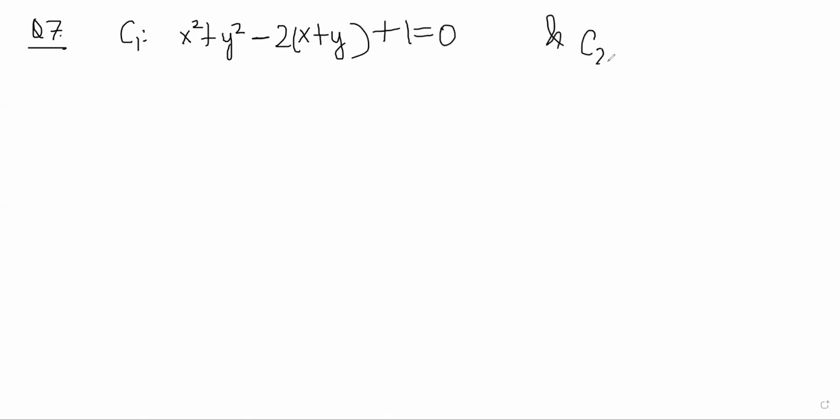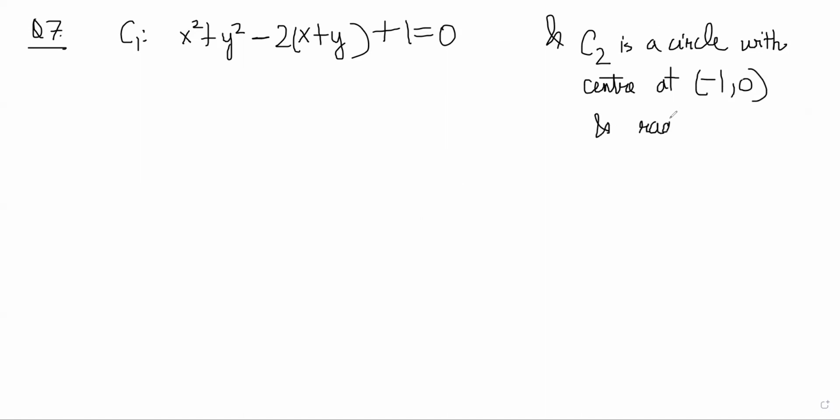Okay, let's move on to the next one. It says, let the circle C1 with equation x square plus y square minus 2 times x plus y plus 1 is equal to 0. And C2 is a circle with center at minus 1, comma 0 and radius 2.